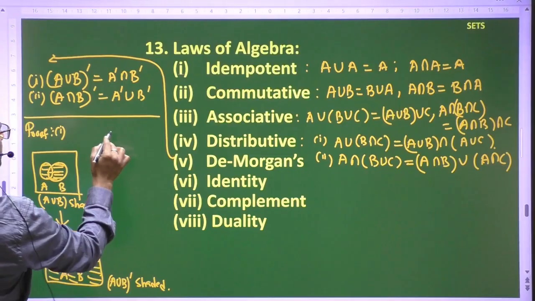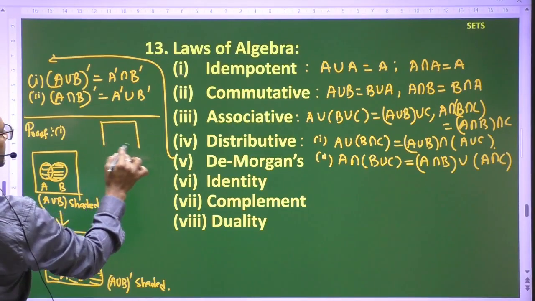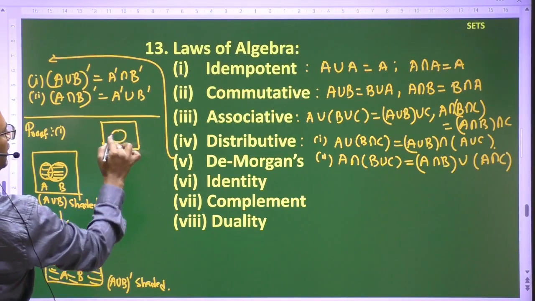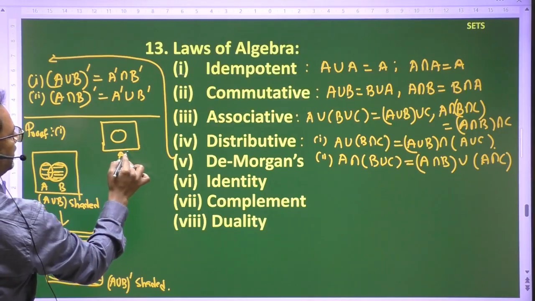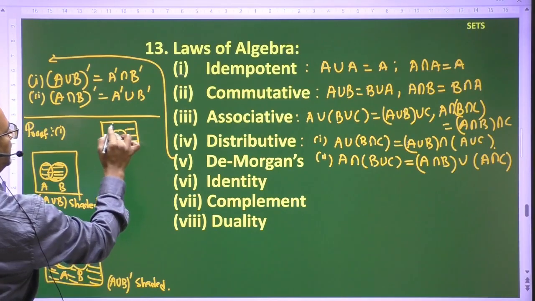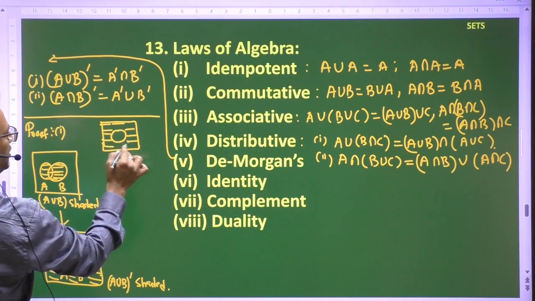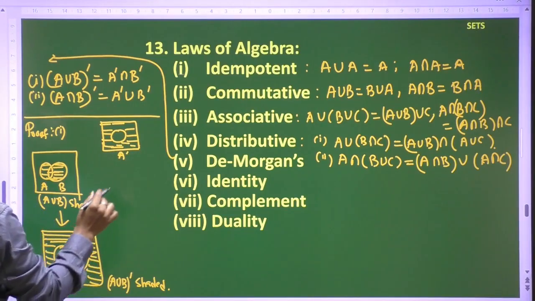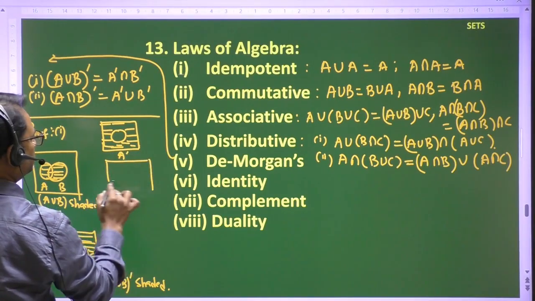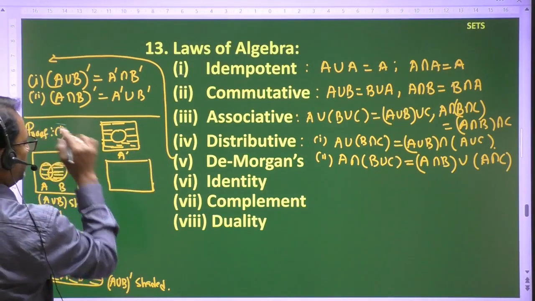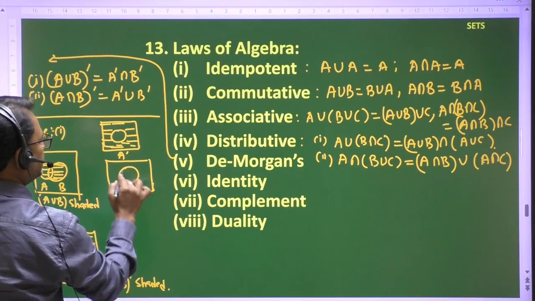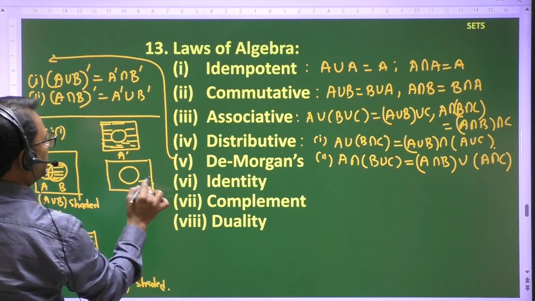Now coming to the right part. This is A set. If you take A complement, it will be the outside of this one. Similarly, if you take B complement, this is set B and its complement is the outside.